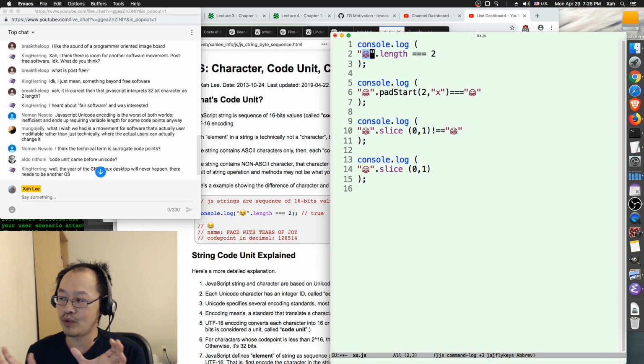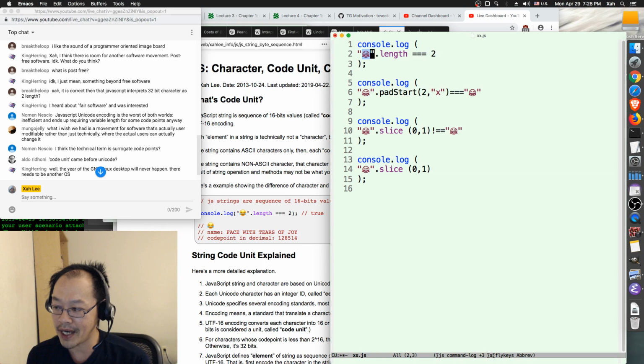So we have 2 code units, 16 bits each. This particular pair of 16-bit units is called a surrogate pair. It's one pair because these 2 code units make up one character.